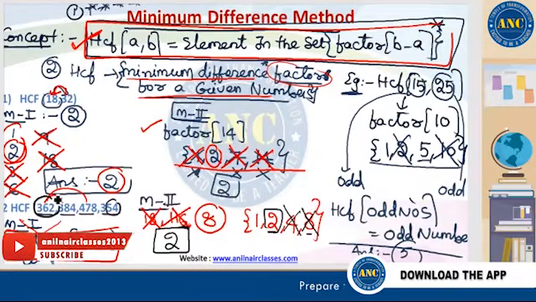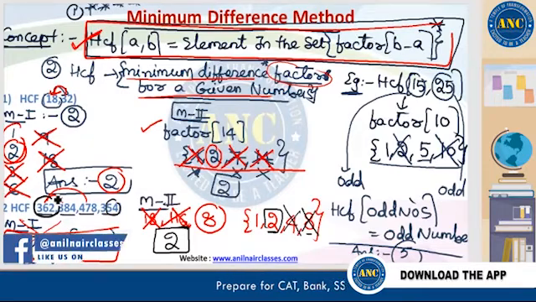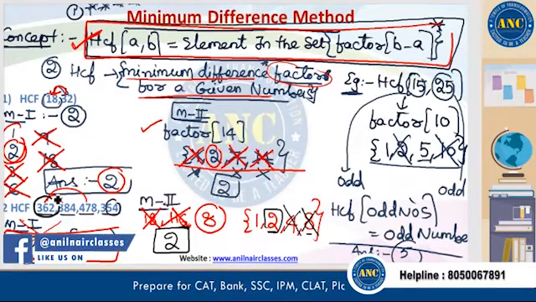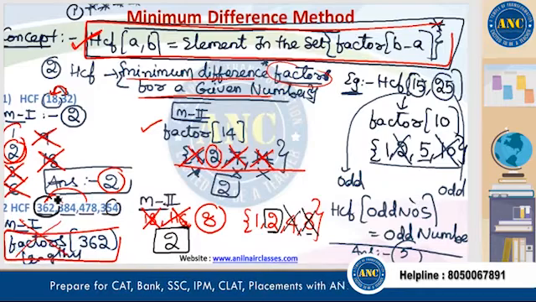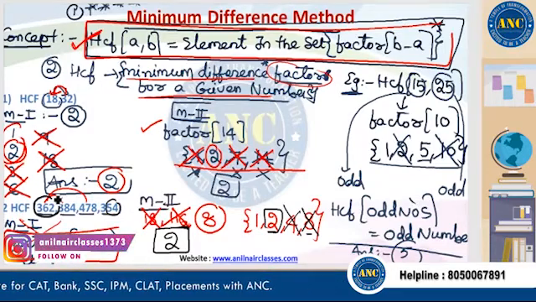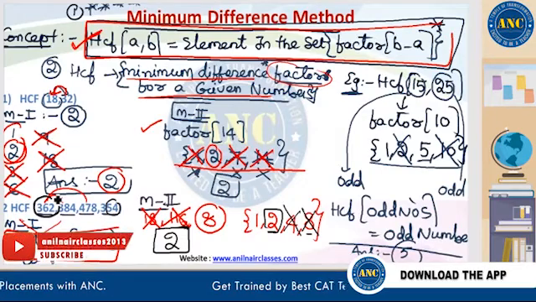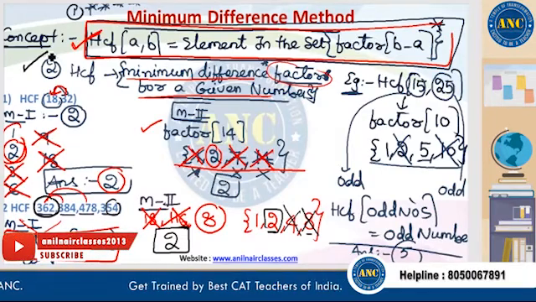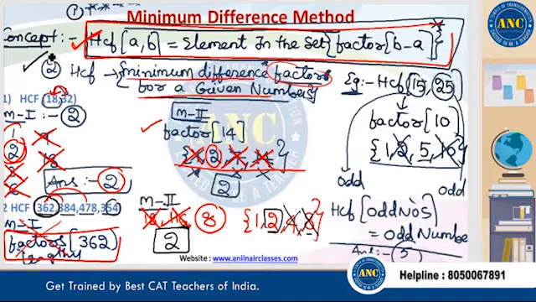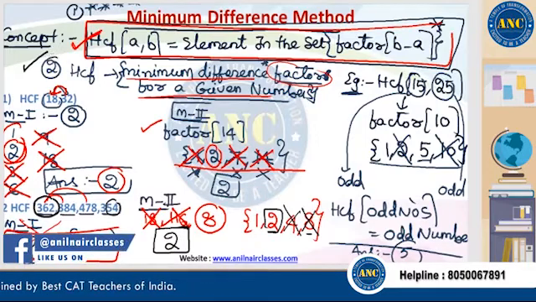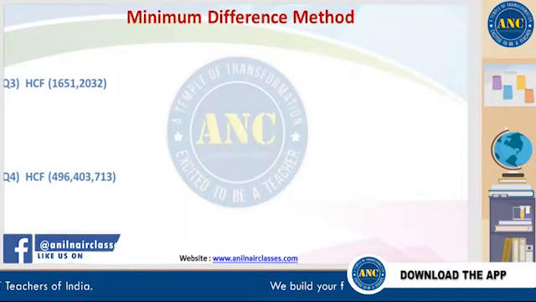So the answer is a factor of the lowest difference. We will still solve more and more problems so that you get clarity.